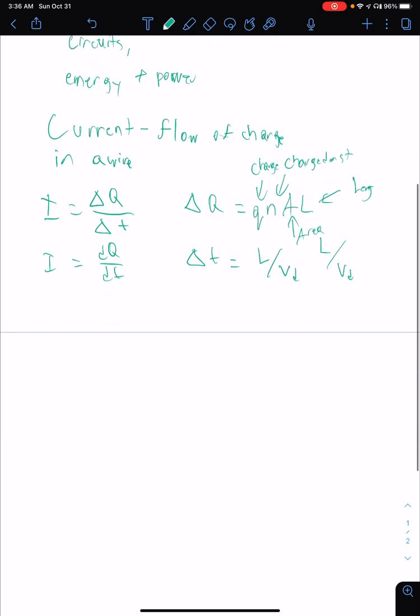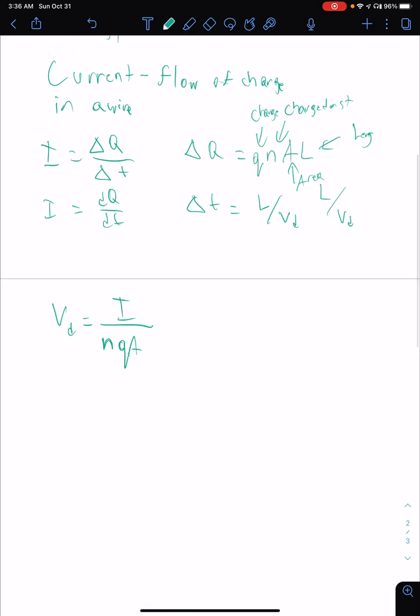When we look at the complete formula for drift velocity, drift velocity is equal to I over NEA. This makes sense now because E in this case is the charge, so let's change E to Q for this scenario.